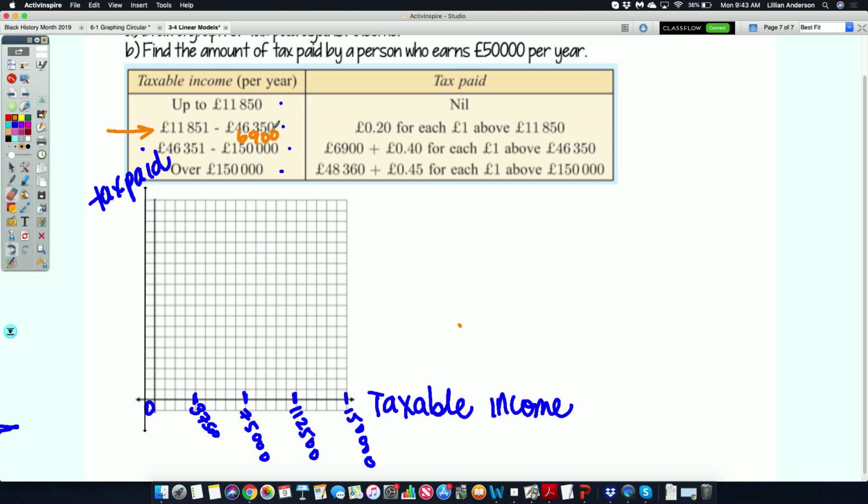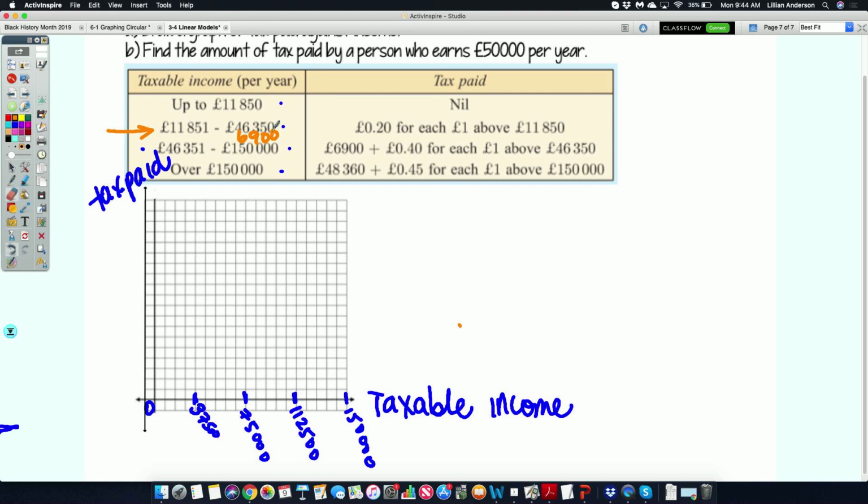You subtract the minimum amount. You would take 46,350 and subtract 11,850, and that's the amount that's above 11,850. So you would multiply that by 0.2. I just multiplied 46,350 times 0.2.